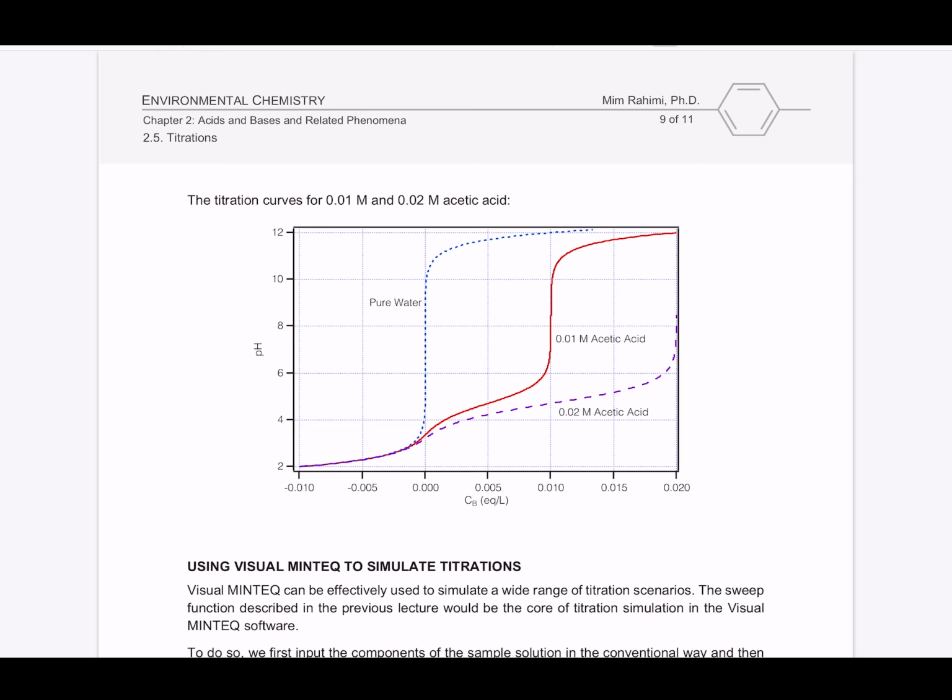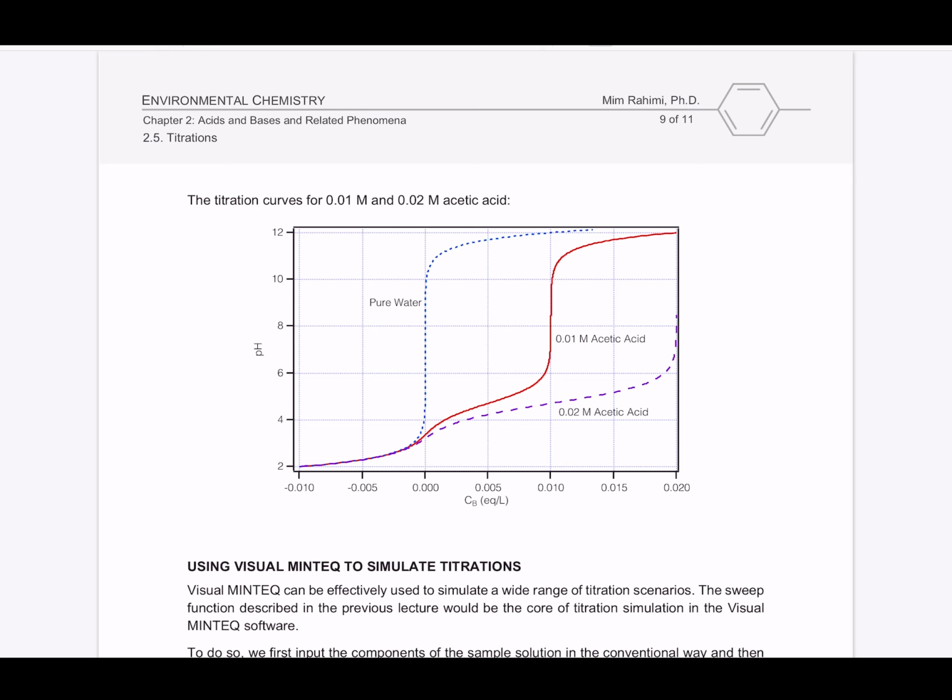And concentration only impacts how much base we need to add, right? So the buffer zone in terms of the x-axis is changing. This is 0.01 almost, but in this case it is 0.02, which is proportional to the concentration of what we have. However, because these two are the exact same acid, the pKa should be the same.